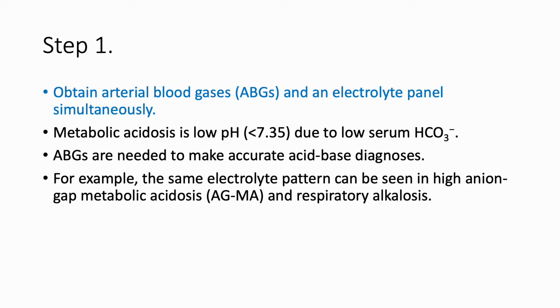You cannot just look at serum bicarbonate and say it is low, therefore it's a metabolic acidosis, because low serum bicarbonate can be due to metabolic acidosis or due to respiratory alkalosis. In respiratory alkalosis, the PaCO2, the CO2, is low. Therefore, the renal compensation is low bicarbonate. So don't be fooled. You need ABGs.